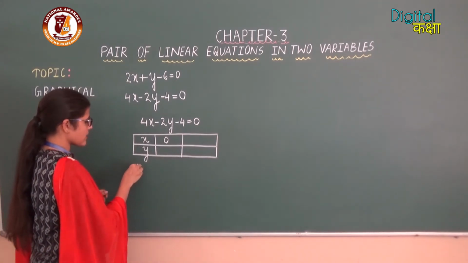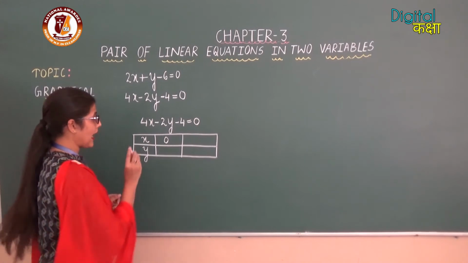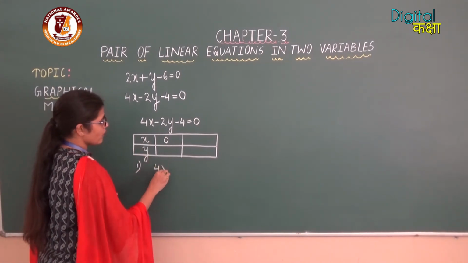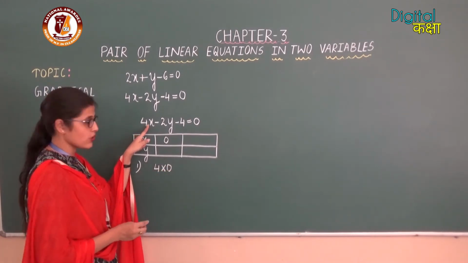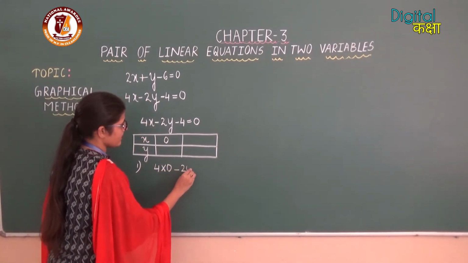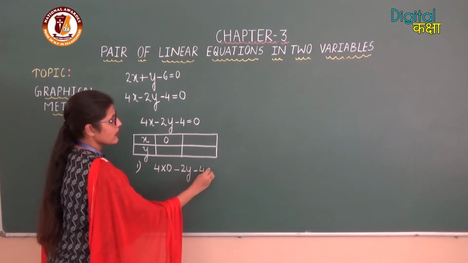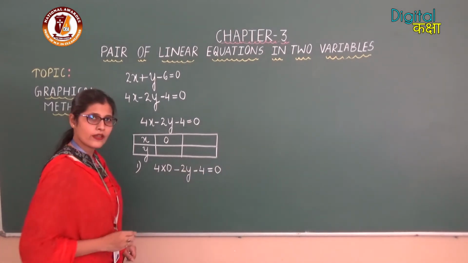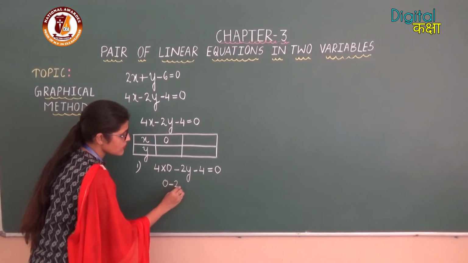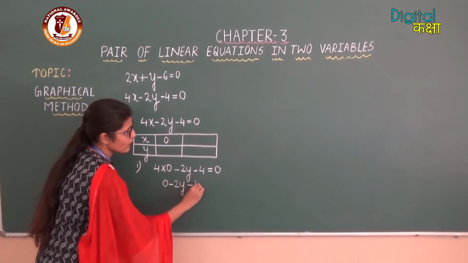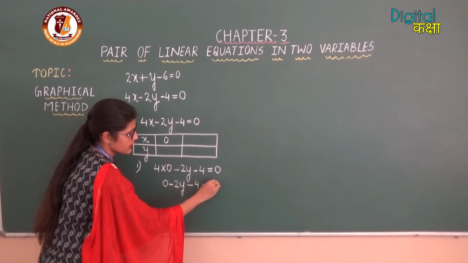In the second equation, I'll be substituting x as 0. So, 4 multiplied by, in place of x, I'll be writing 0, minus 2y minus 4 equals 0. Anything into 0 is 0, minus 2y minus 4 equals 0.